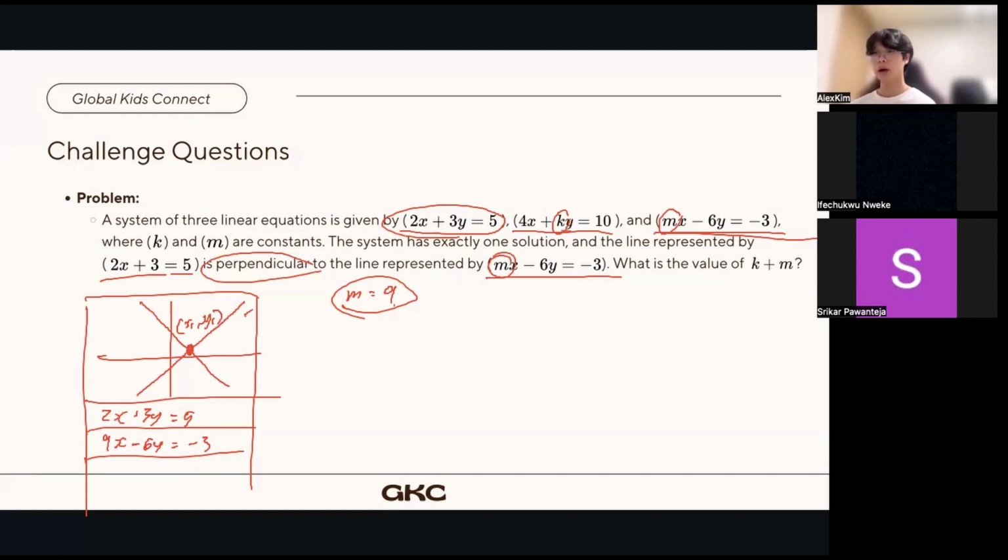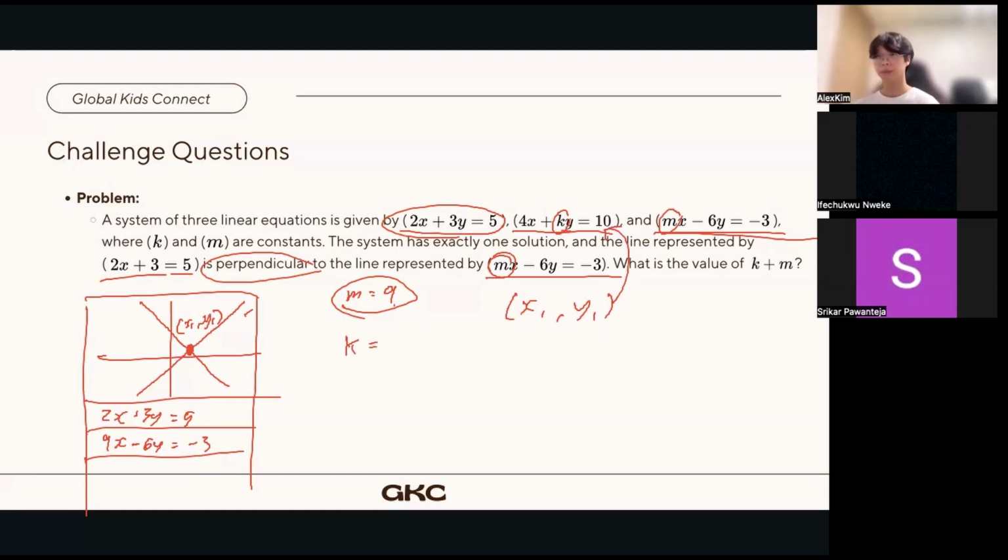This is a very good point to make, because these kinds of questions could take a long amount of time. If you're short on time during the test, it's a lot of work and a lot of math to go through. However, if we can use Desmos to find the intersection point, it makes our lives much easier. If we find the intersection point, we can plug it directly into the second equation.